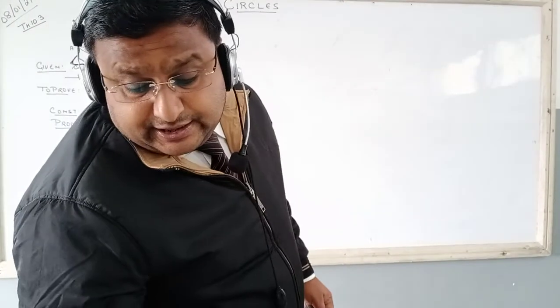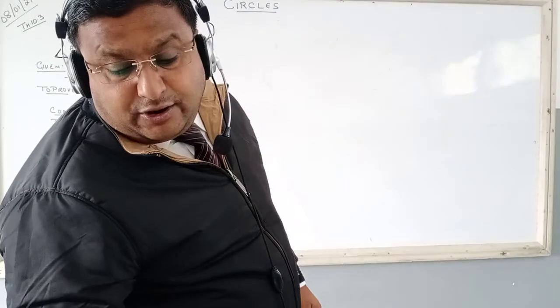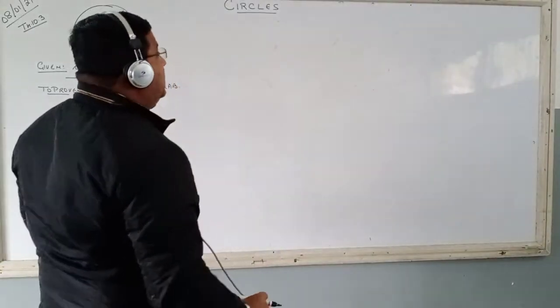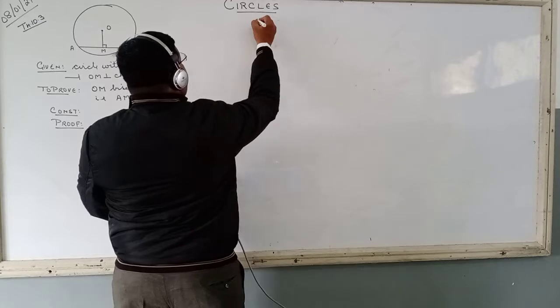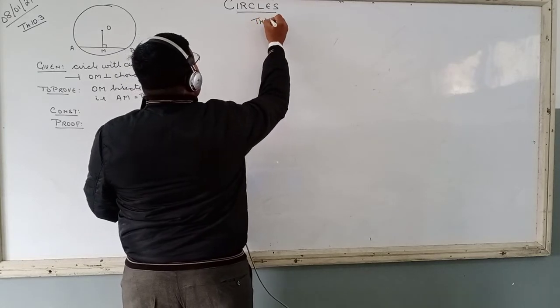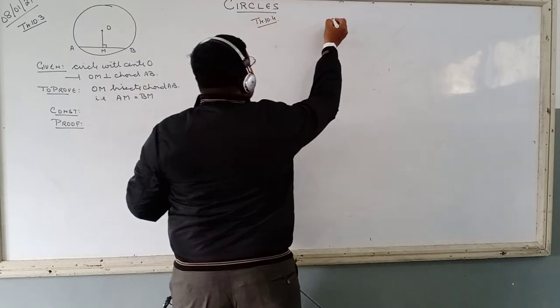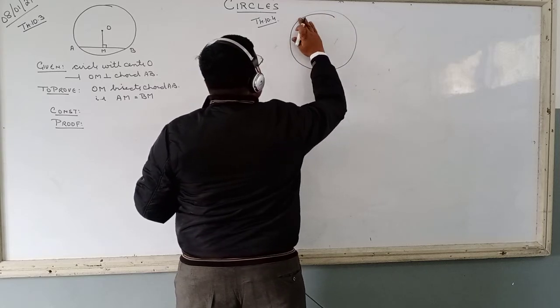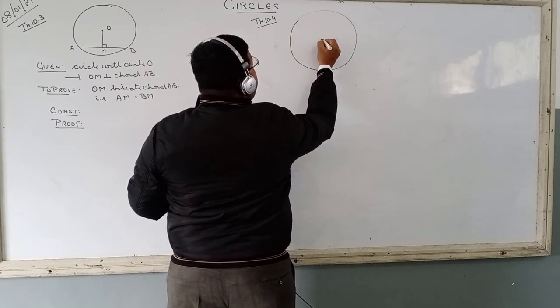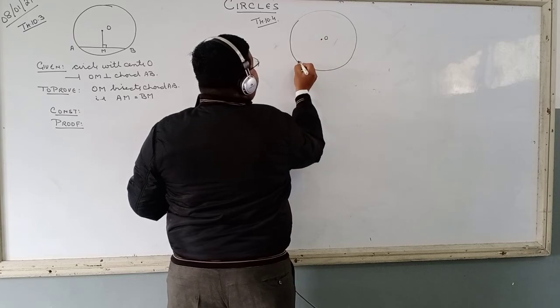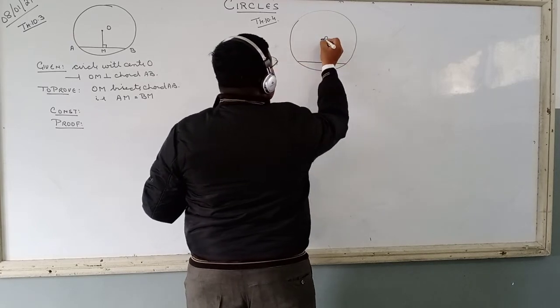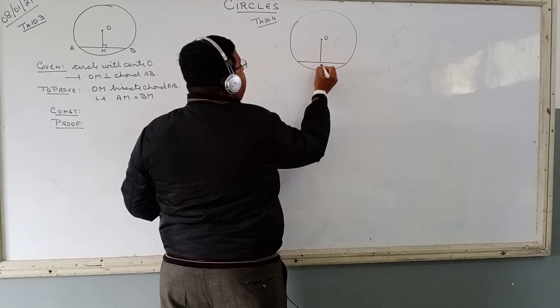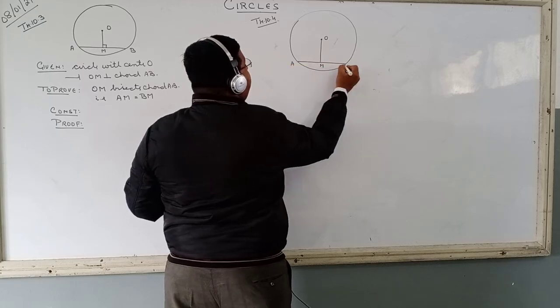Let us check theorem number 10.4. What does it say? It is the converse of that. The line drawn through the center of a circle that bisects a chord is perpendicular to the chord. This is a circle, center O, this is a chord AB, and this is a line OM.